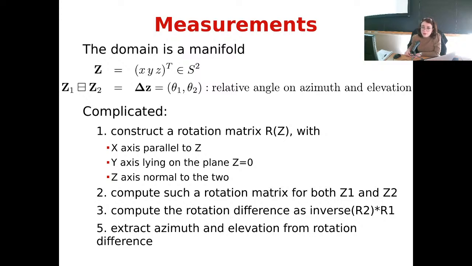So the domain of the measurements is a manifold, because the measurements belong to S2, which is the manifold of the sphere in 3D. Again, points lying on the sphere can be selected by an azimuth and an elevation angle, or by their 3D coordinates.